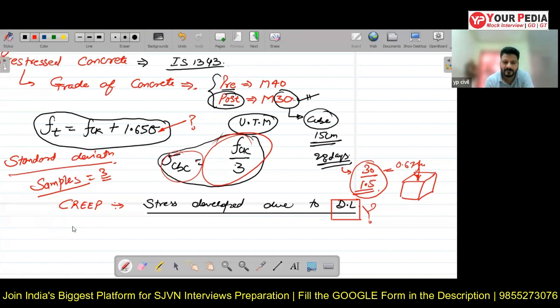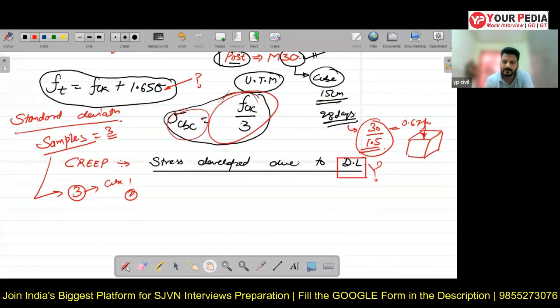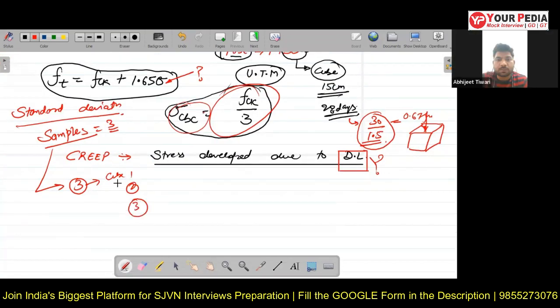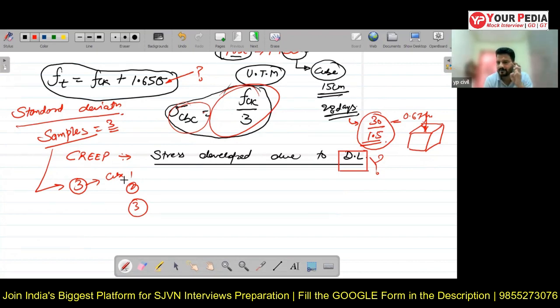Sample and specimen. See, a sample itself contains 3 cubes: cube number 1, cube number 2, cube number 3. They are the specimens. In one sample, we have 3 specimens or 3 cubes. And to get this standard deviation, as per IS 456 a minimum of 30 samples are required.